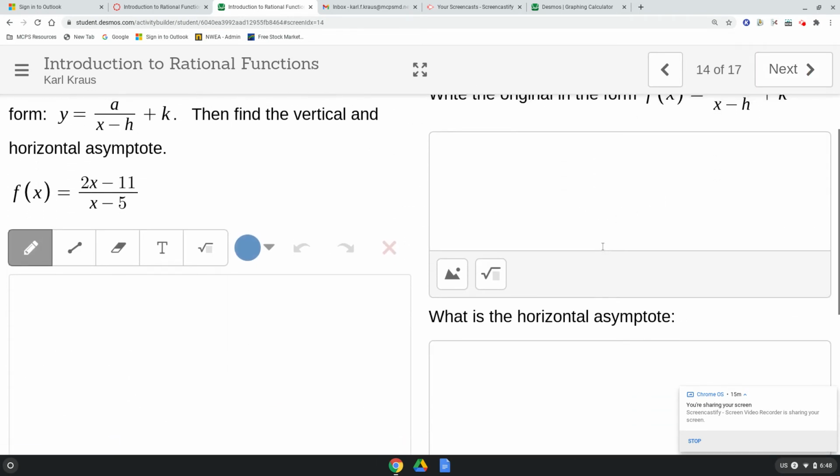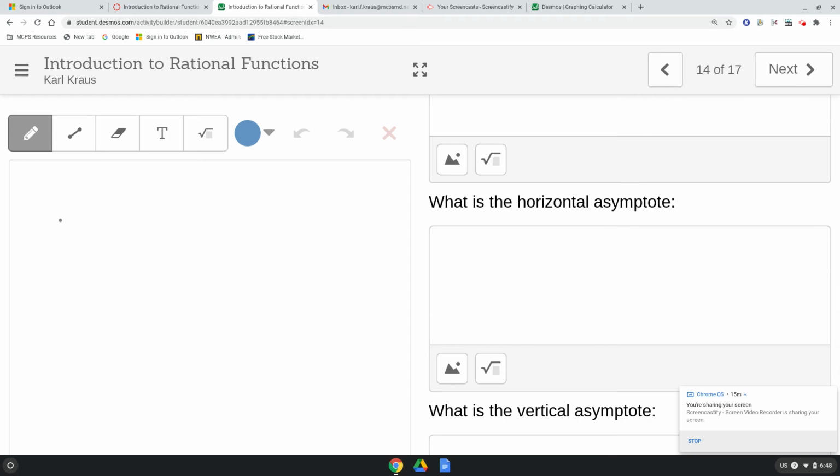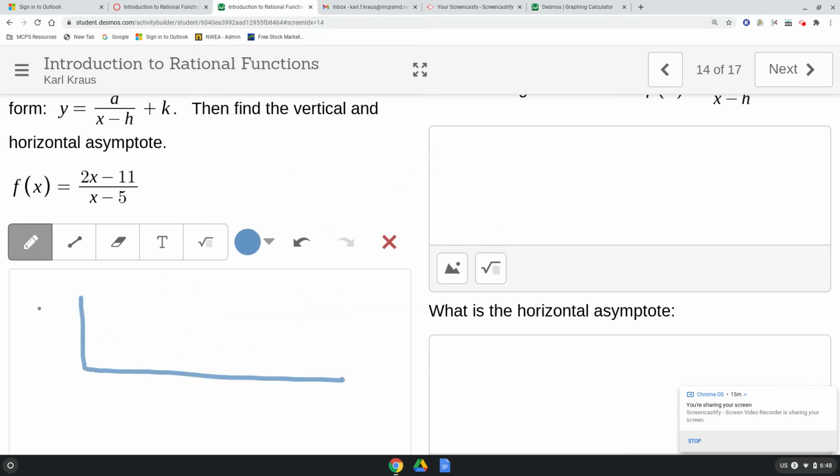And then on slide 15, you want to do the division. Here again, I'm going to use synthetic. Put a 5 here, a 2, and a negative 11. Bring down the 2. 5 times 2 is 10.